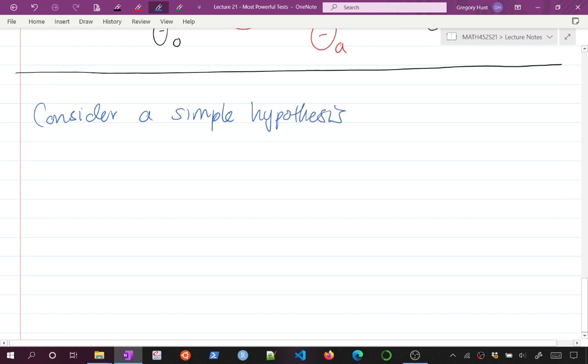So a simple hypothesis is where I have one possible value of theta in my null, and one possible value of theta in my alternative. The null is that theta is, let's say, little theta naught, and the alternative is that theta is little theta a, right?